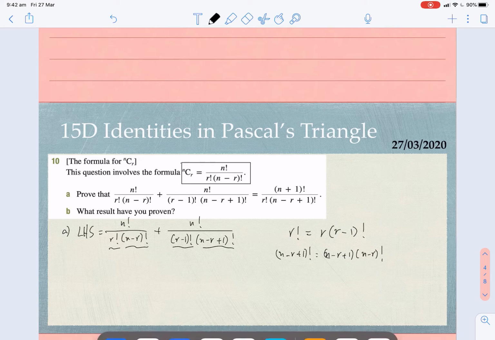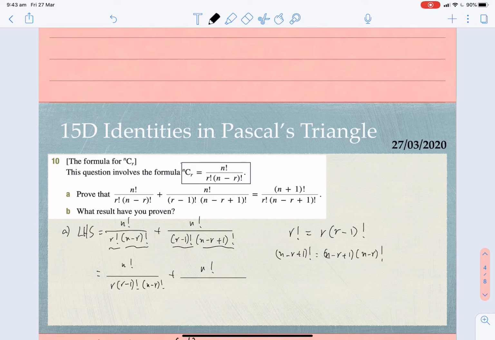So let's substitute that in. You've got n factorial over r minus 1 factorial, you can match to the second one, and then n minus r factorial, plus n factorial over r minus 1 factorial, matching the same thing, and then n minus r plus 1 times n minus r factorial.